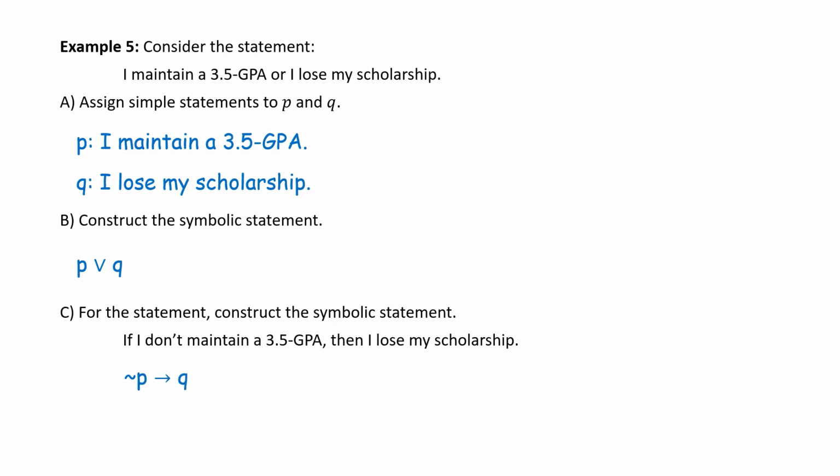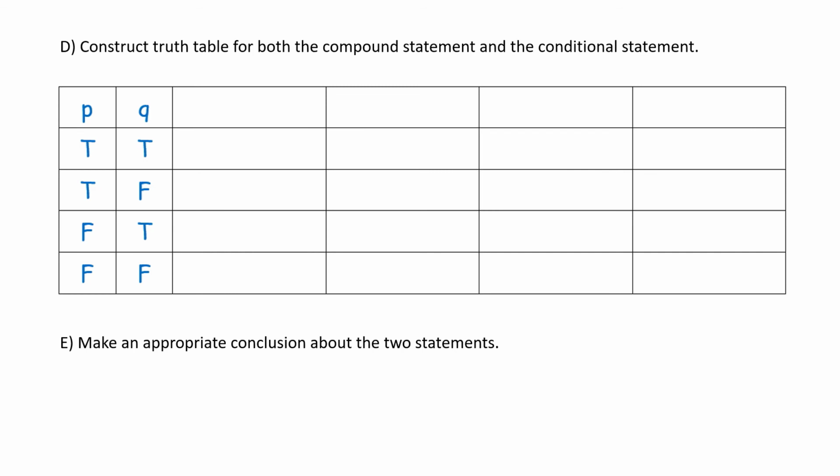If P is I maintain the 3.5 GPA, then I don't maintain the 3.5 GPA would be not P. Construct a truth table for both the compound statement and the conditional statement. Provided here is a truth table with statements for P and Q. Following P are the truth values, true, true, false, false, and following Q are the truth values, true, false, true, false.